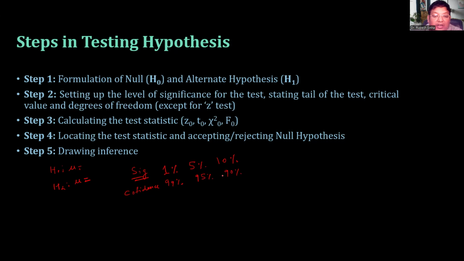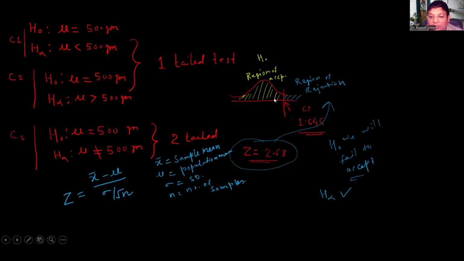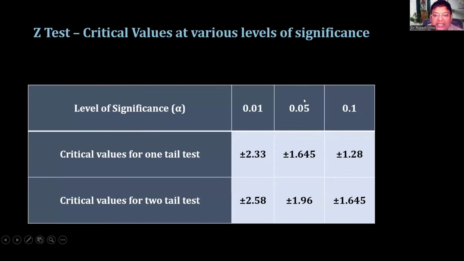So for level of significance 1%, 5%, and 10%, based on one tail or two tail test, we have got some critical point values. So if one tail test and level of significance is 1%, the critical point will become 2.33. For two tail test at 1%, 2.58.